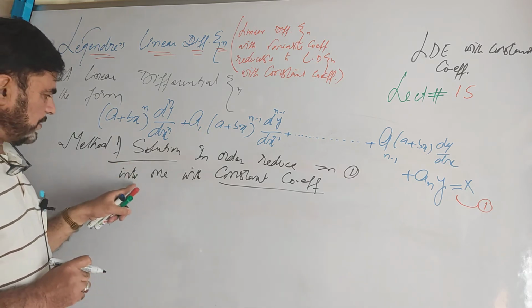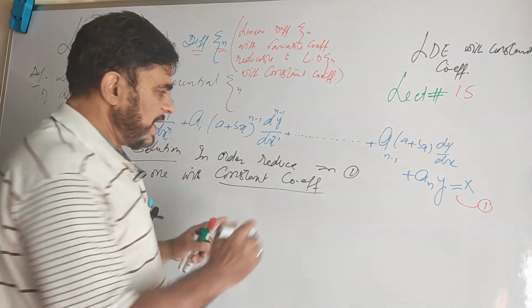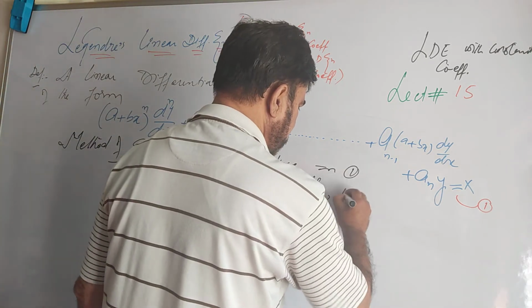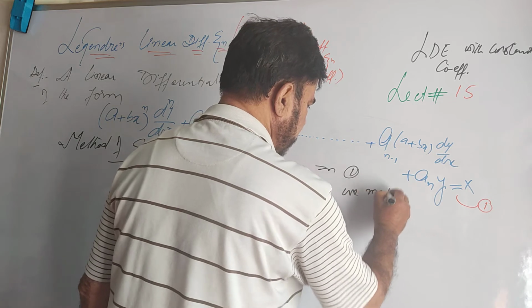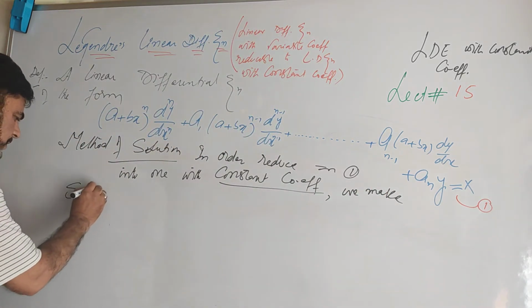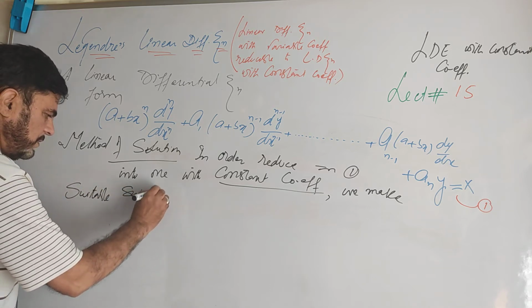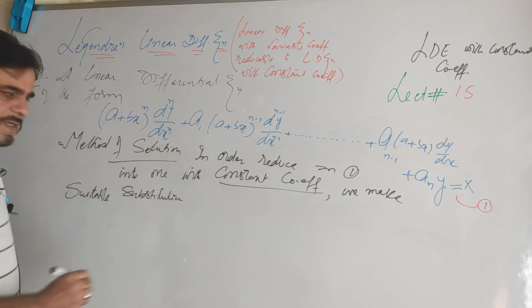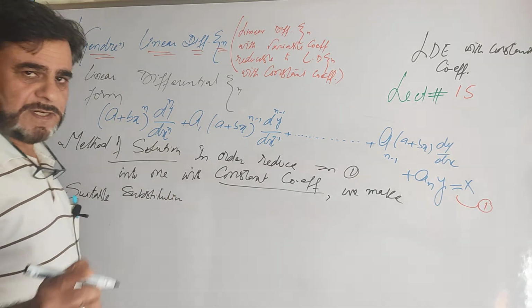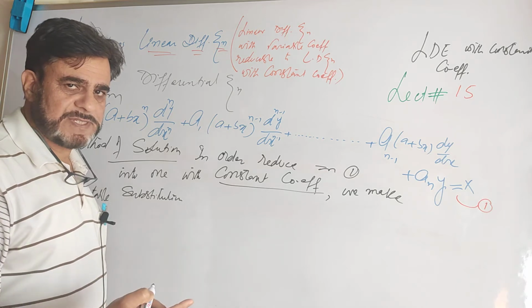The method of solution is that we want to reduce it into one with constant coefficients. The suitable substitution is what we make here. Remember this substitution. If you remember, in the homogeneous case, we put x is equal to e raised to power z.